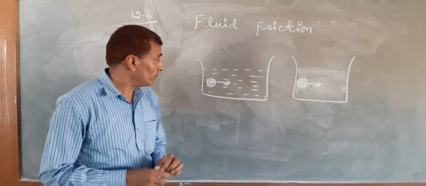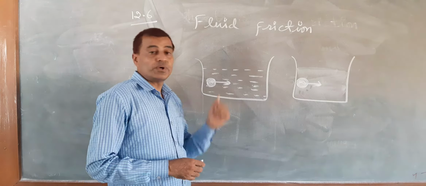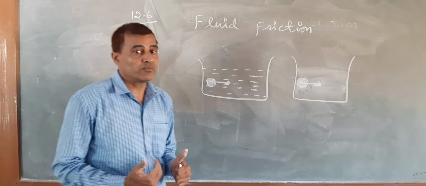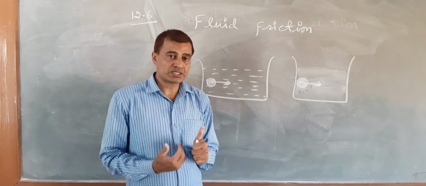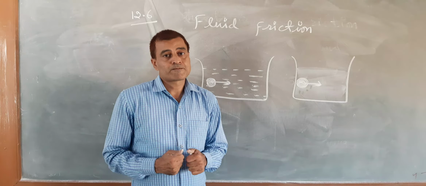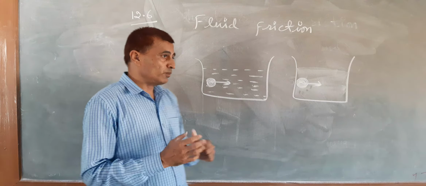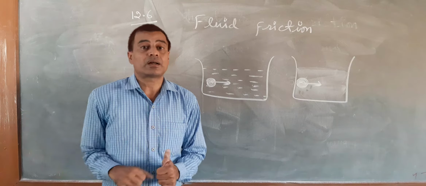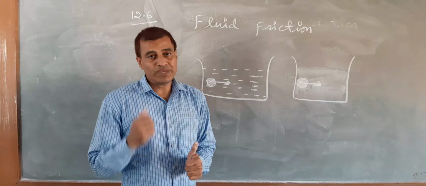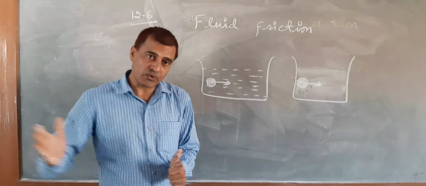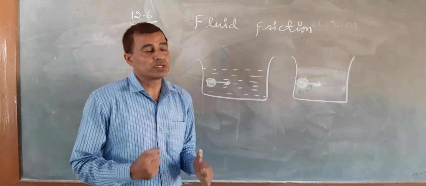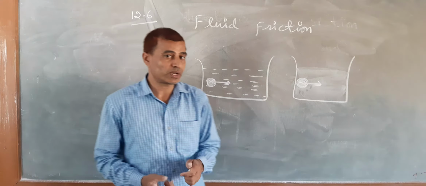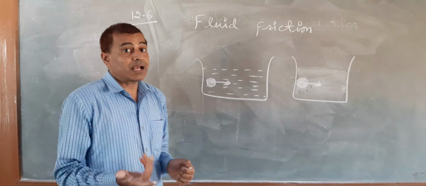In this manner, we can say fluids also exert friction on the objects which move through them. It means when we move in a water tank or when we move in air, every time we experience an opposite force, and that opposite force is known as fluid friction. That is also known as drag.